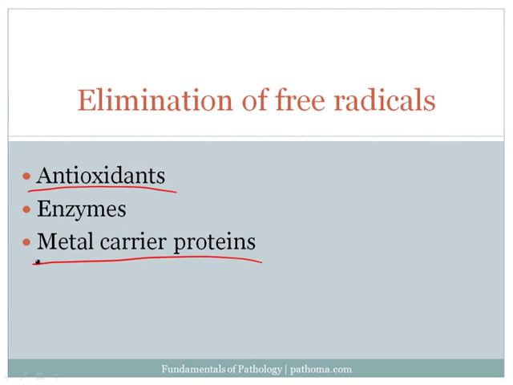And so the way by which the body handles that is to have metal carrier proteins, for example, transferrin in the blood, which tightly binds iron to deliver it to the liver and the macrophages. And when iron is bound in macrophages or within the liver, it's tightly bound to a molecule called ferritin. So these metal carrier proteins basically hide away the metals so that free radicals are not generated.